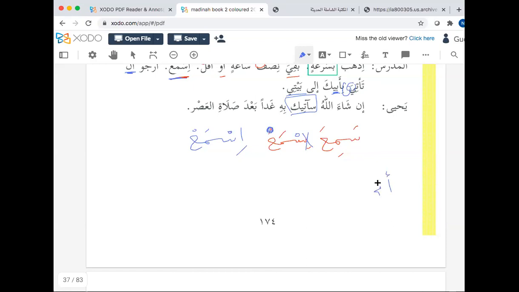Ata is the fi'l madi. Ya'ti is mudari. You can also say na'ti, we will come, or you can say ta'ti, you will come, or you can say a'ti, I will come.